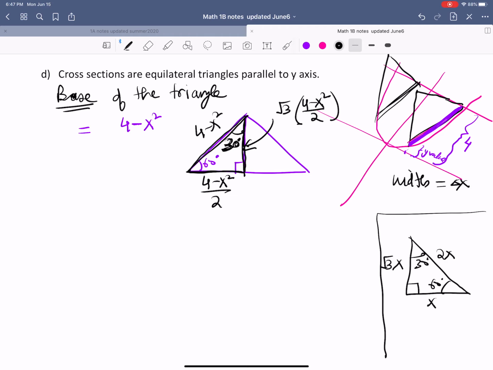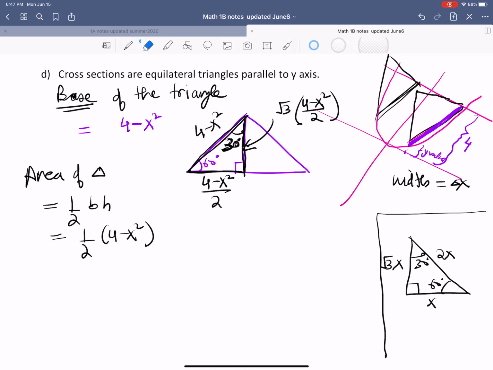So that would be the height of the triangle. That would make finding the area of the triangle easier. Area of the triangle is equal to 1/2 base times height, which is 1/2. The base of the triangle is 4 minus x squared. The height of the triangle is root 3 divided by 2, 4 minus x squared. Okay, so it's root 3 over 4, 4 minus x squared, squared. That's the area of one slice, area of one cross section, area of one triangle.